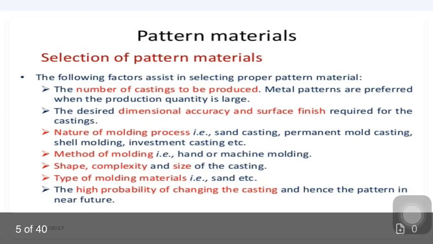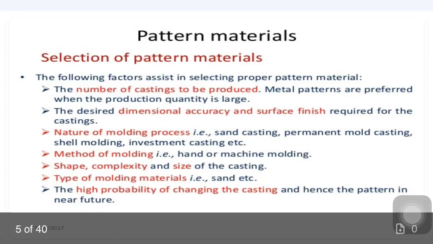Normally the pattern works under different conditions: high moisture conditions, high temperature conditions, high pressure conditions. So the pattern material faces different kinds of conditions, and for that particular reason you should focus on that.